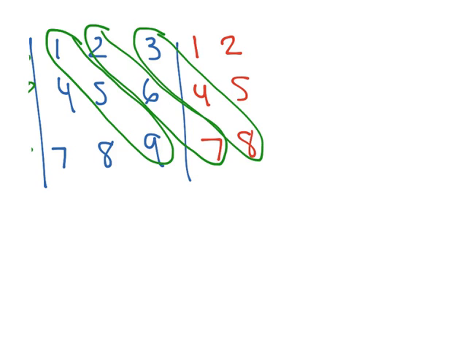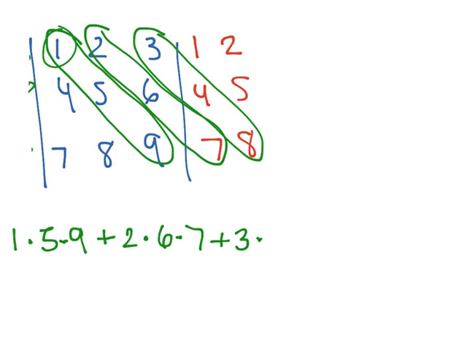which are these 3, and so we multiply the elements of each diagonal and then add them to the product of the elements of the others. So 1 times 5 times 9 plus 2 times 6 times 7 plus 3 times 4 times 8, and so we get that this is 45 plus 12 times 7 is 84, plus 12 times 8 is 96.